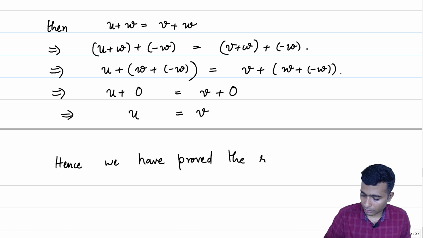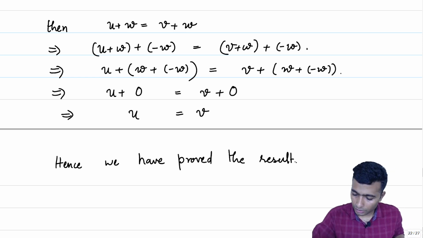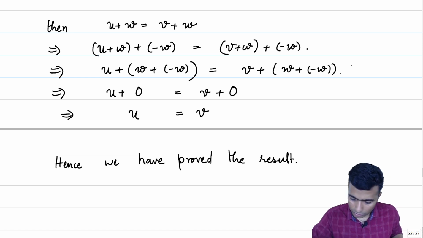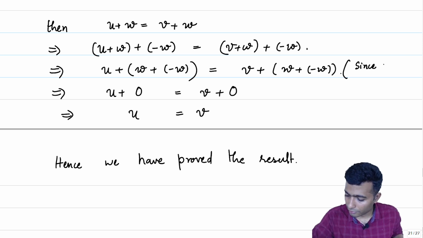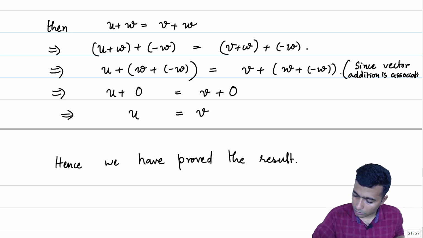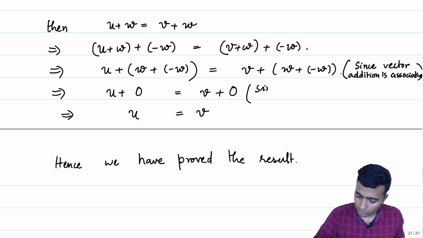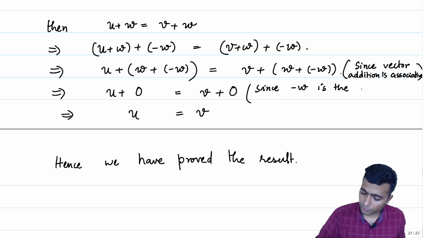So, let us just, for the sake of completion, even though I said it very orally, what is this implication coming from? Since vector addition is associative. It is important to note all the reasons. Why is this happening? Since minus w is the additive inverse of w.